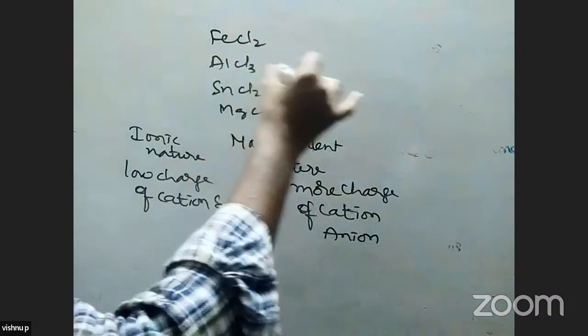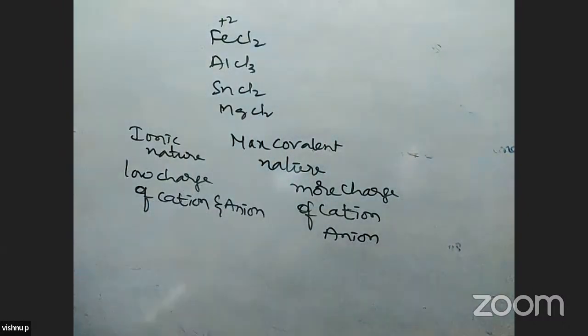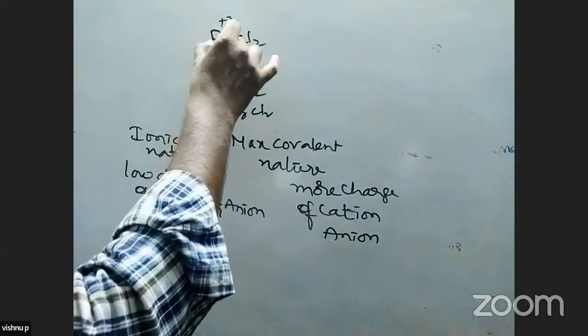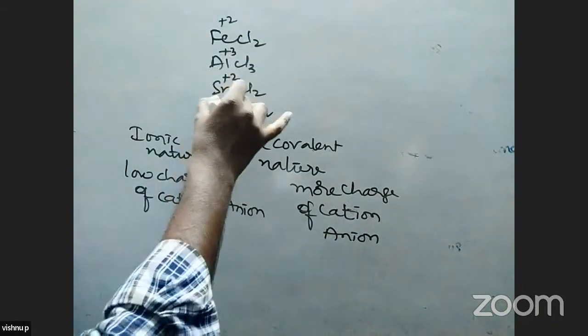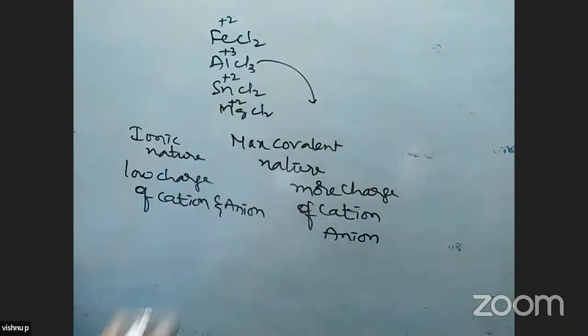In these molecules, Fe charge is +2, in AlCl3 aluminum charge is +3, Sn is +2, Mg is +2. So in AlCl3 the positive charge is more, so it shows more covalent nature.